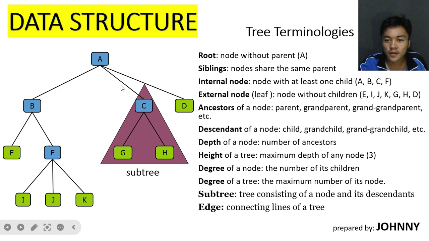This one we have 1, 2, 3, 4, 5, 6, 7, 8, and 9. The connecting lines of a tree like this one. In this example, we have 9.